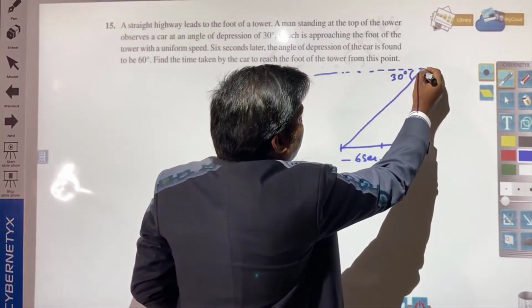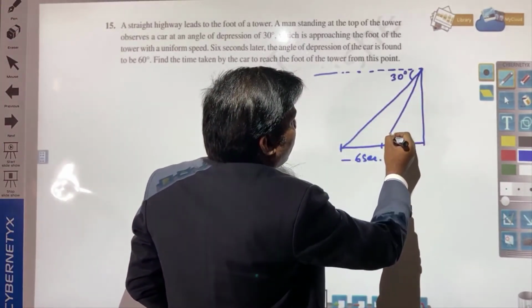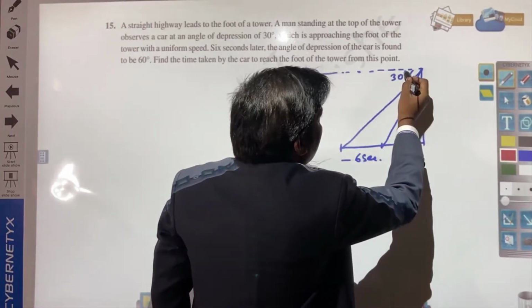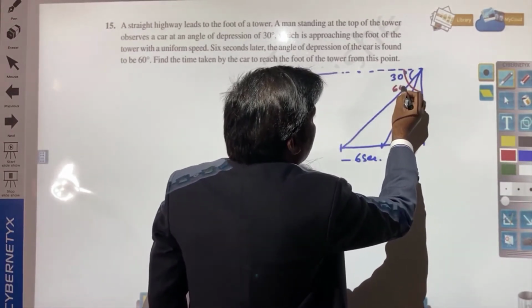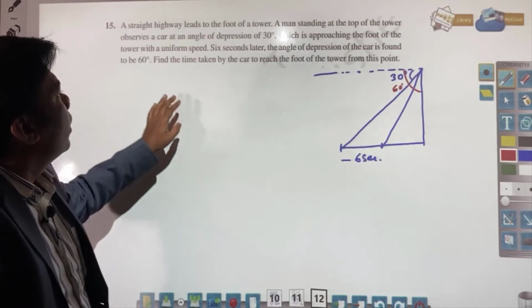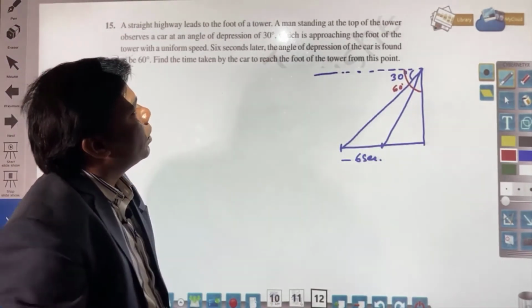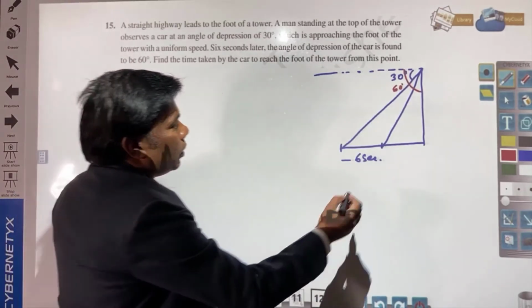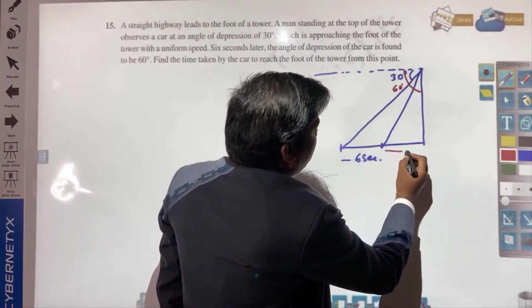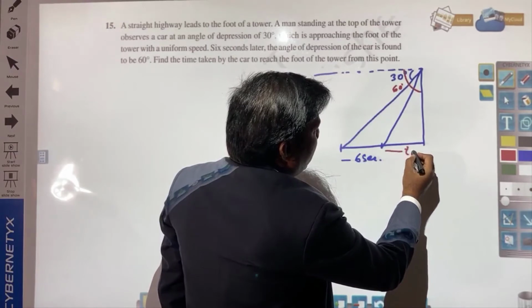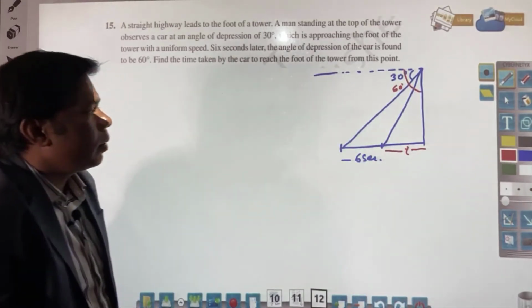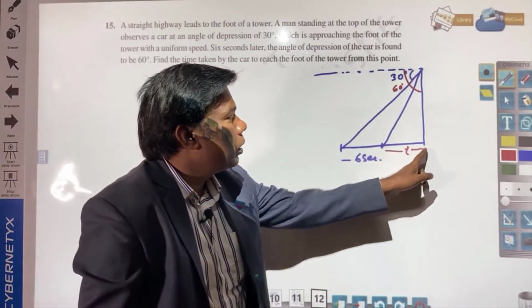So here it is now 60 degrees. Find the time taken by the car to reach the foot of the tower from this point. So this time you need to find out, how much time it took from this point to this point.